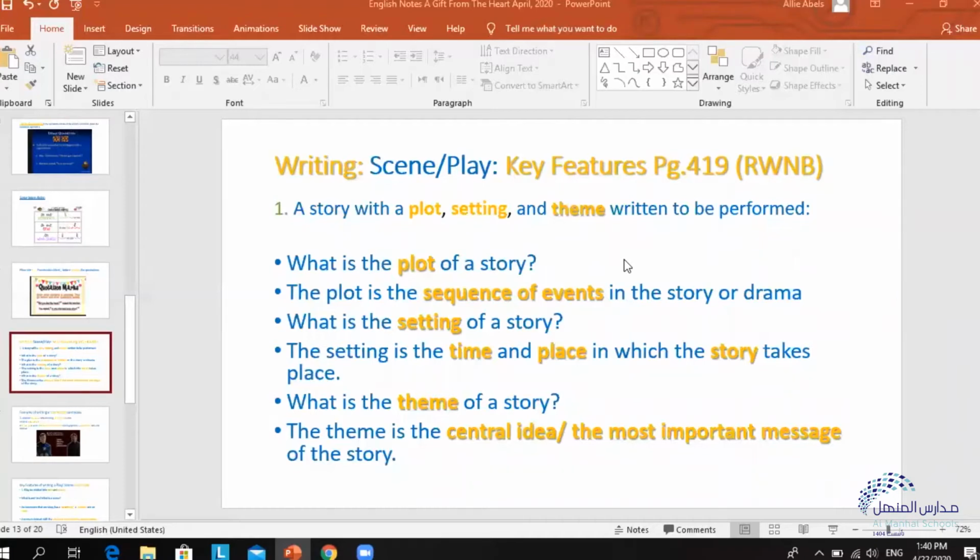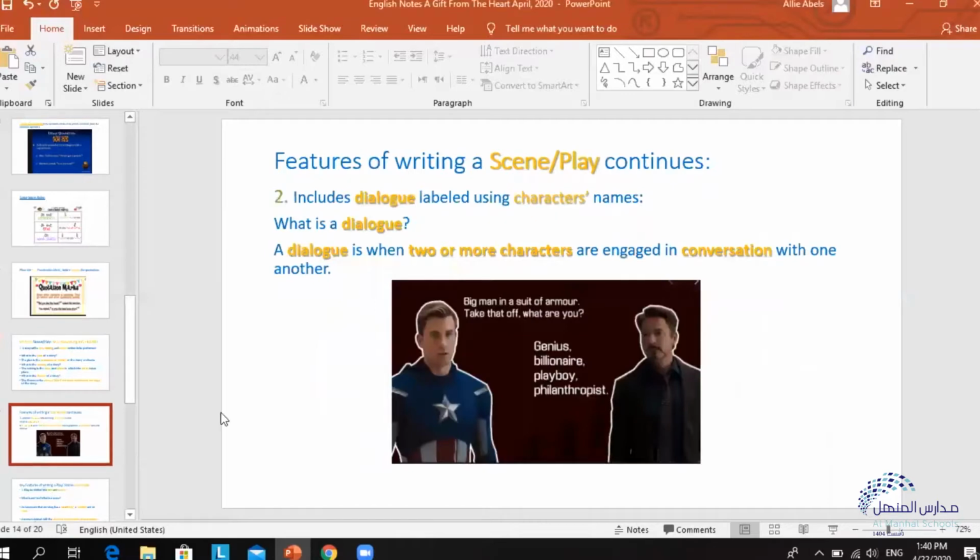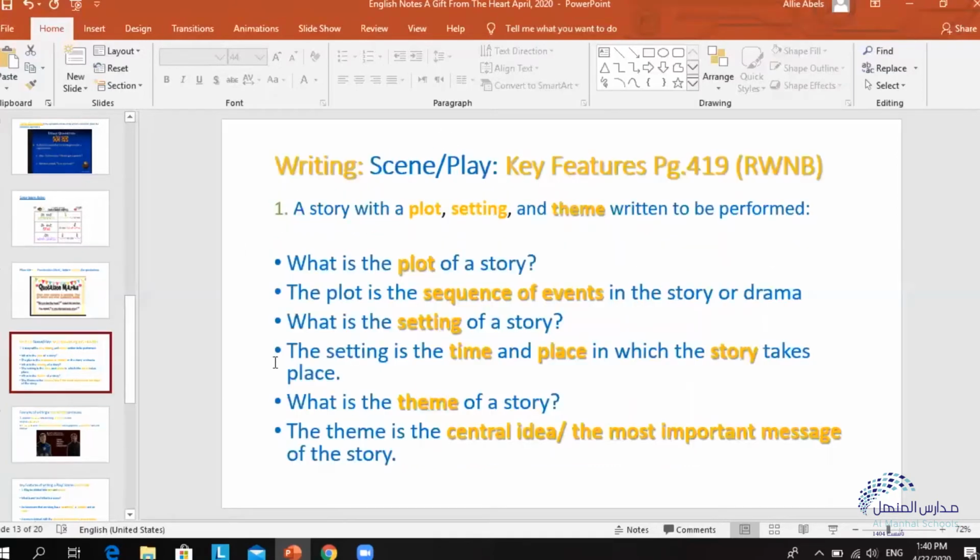If we look at the movie Avengers, someone wrote that story, and Captain America, Iron Man and the Hulk are all characters acting out that story, and that is what we call a play.